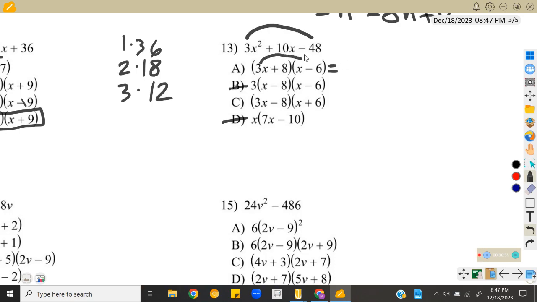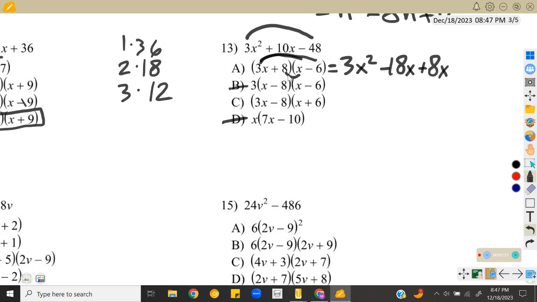Okay? 3x times x is 3x squared. And if we do 3x times negative 6, then that would give us negative 18x. And then we would do 8x. 8 times x gives us positive 8x.